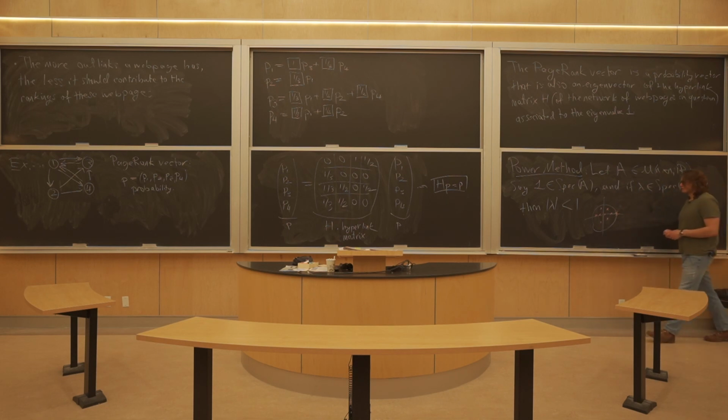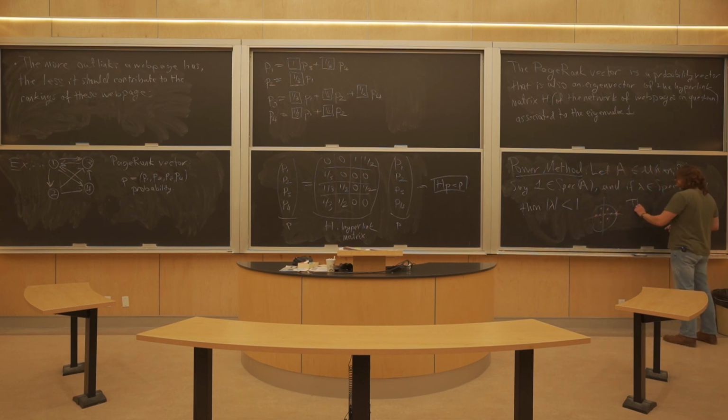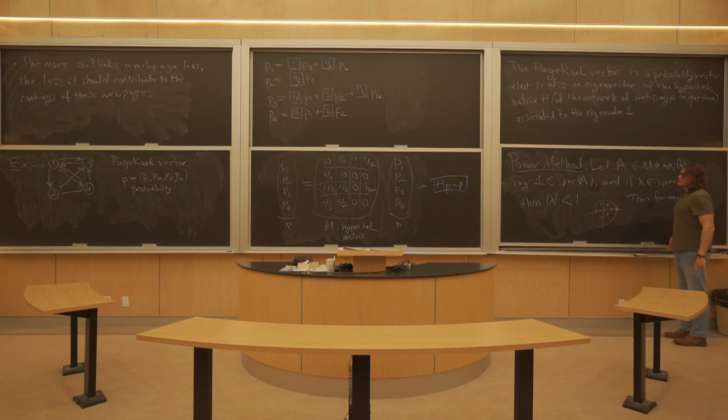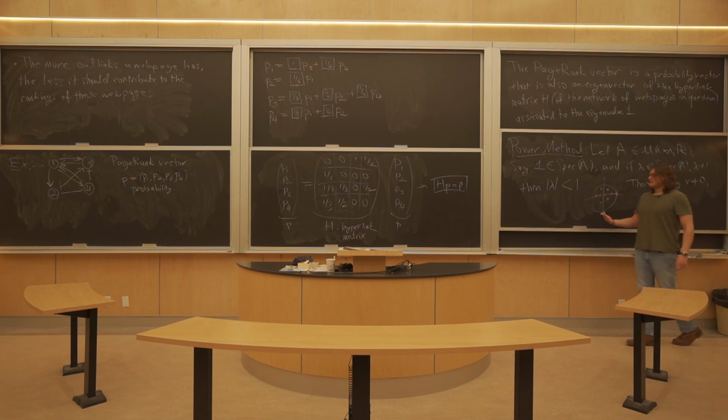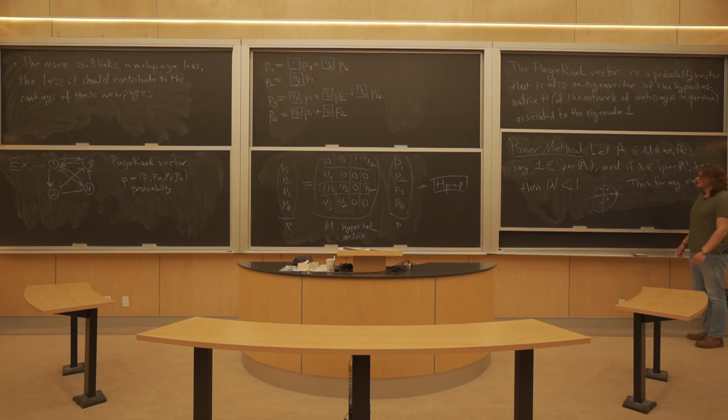Then the power method says that if you start with any vector whatsoever, for any v that is non-zero, if you keep iterating A, so under this dynamical system, it's going to converge to an eigenvector.